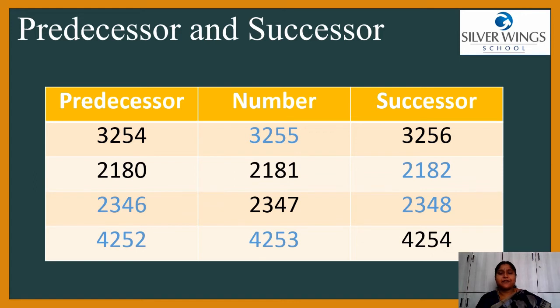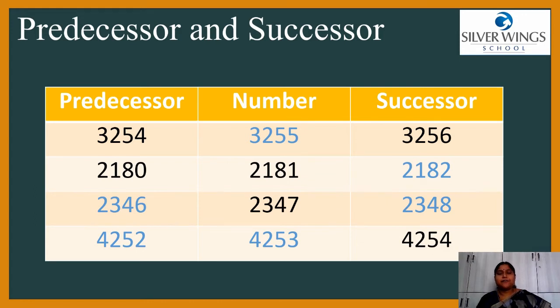What is the predecessor of 3255? Before writing the predecessor and successor, you just check the ones place only. Here, 3255, the last place is 5. Then what is the predecessor of 5? 4.